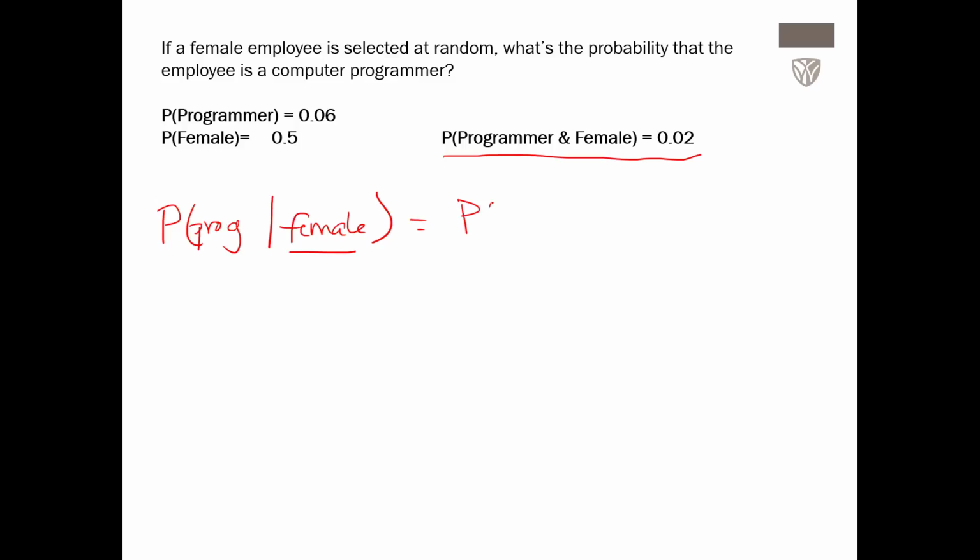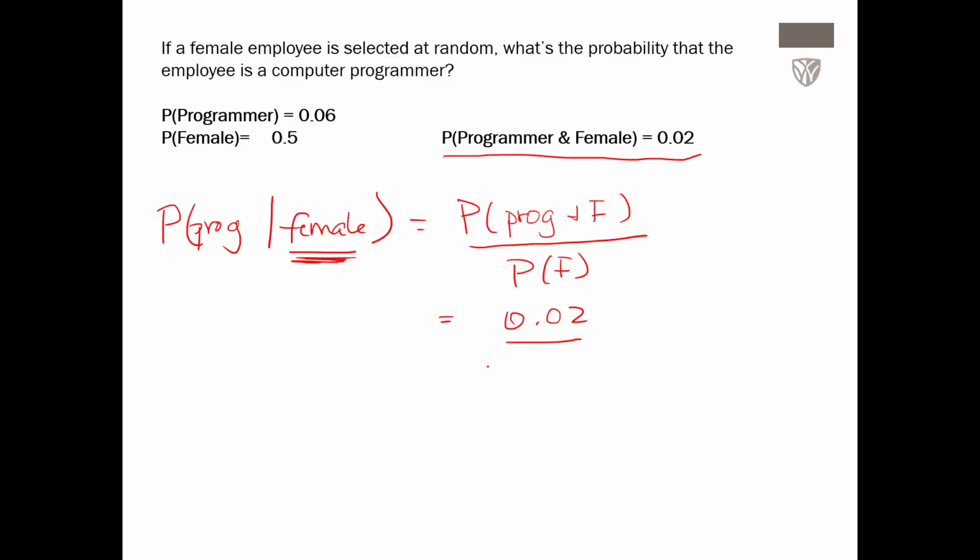Our formula tells us that this is just the probability of being a programmer and being a female, divided by the thing that we're conditioning on. Okay, so the thing that goes in the denominator is the thing that's on the right-hand side of this bar. So divided by the probability of being a female. And if we plug those numbers in, the probability of being both a programmer and a female is 0.02.